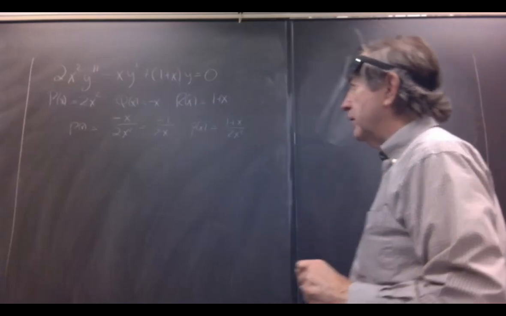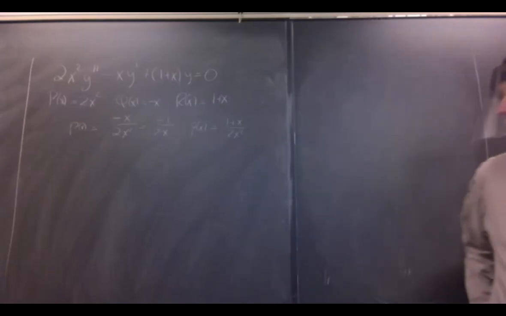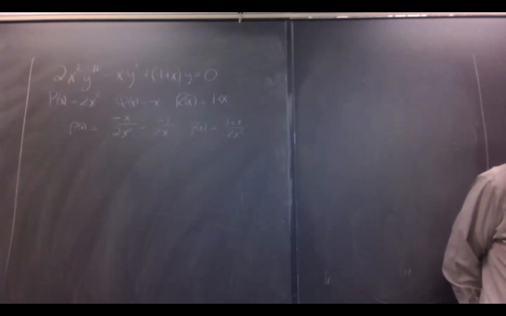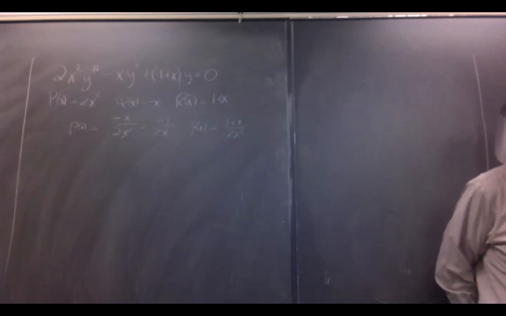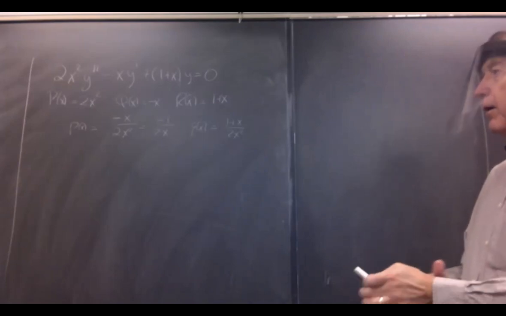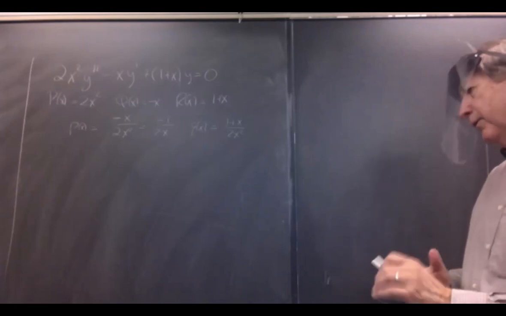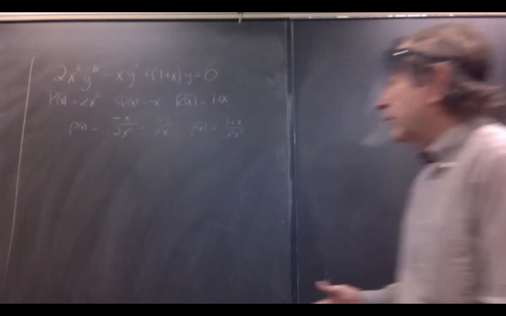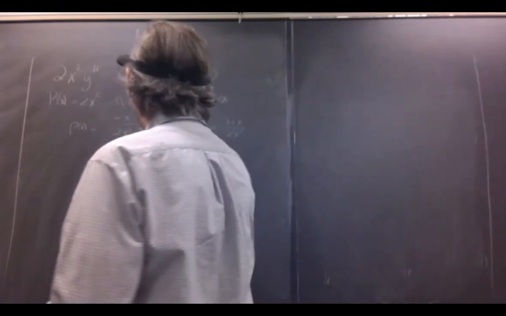However, in this case, as you notice, if I let x be 0, the second derivative wipes out. And basically that says that we don't have an ordinary point, or at least we have to look into it. You look into it, and that involves what these two things are.